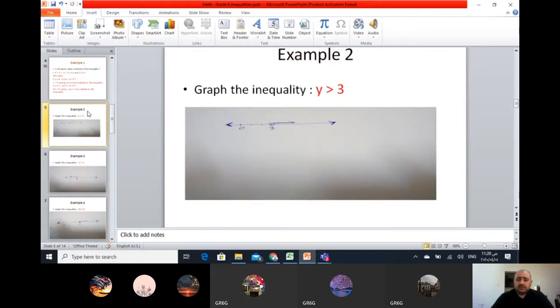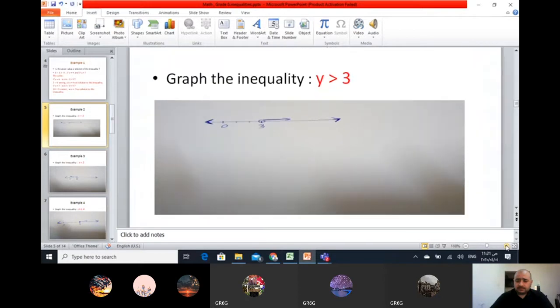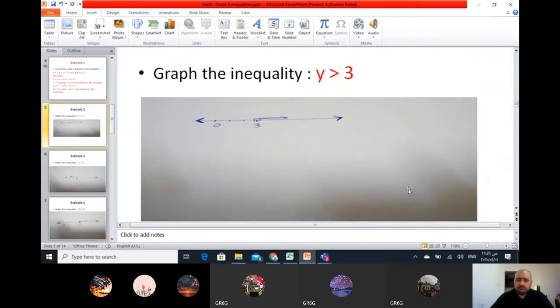Example 2. Want to revise how to graph the inequality. We have this inequality, y greater than 3. The first step, draw the number line, then determine the number 3. Here we have 0, 1, 2, this is 3.